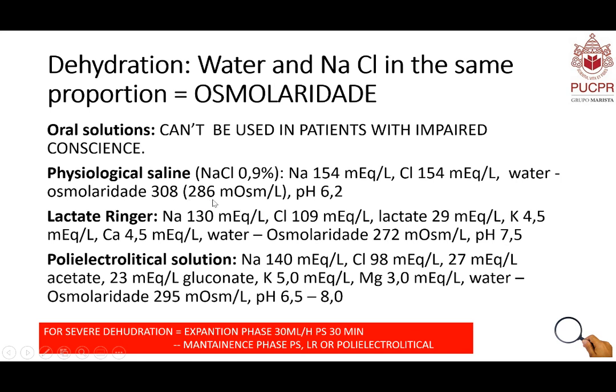As you can see, physiological saline has an osmolarity that is really close to the plasma. This is why it's called physiological saline, okay? But it's actually a little bit more concentrated, with a little more osmolarity than your plasma.